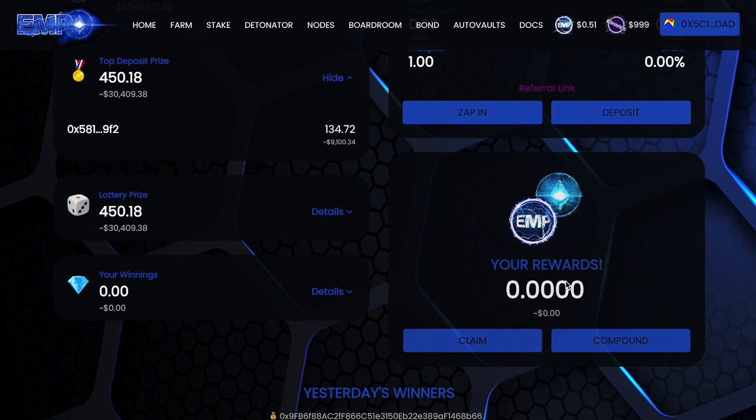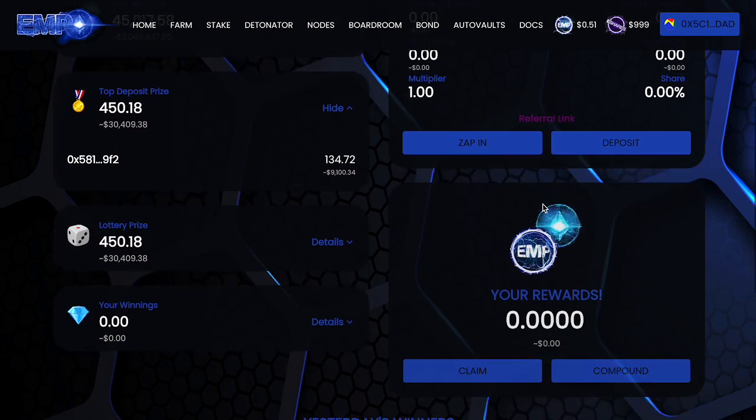Nobody is recommending or saying that you shouldn't take profits out of the Detonator, but you want to have a good strategy where you can take maximum advantage of what you've put into the Detonator by compounding it and stretching out the number of days that you can be claiming over time. So it's good for the health of the contract by compounding, and also good for you because then you're earning more on that compounded amount.